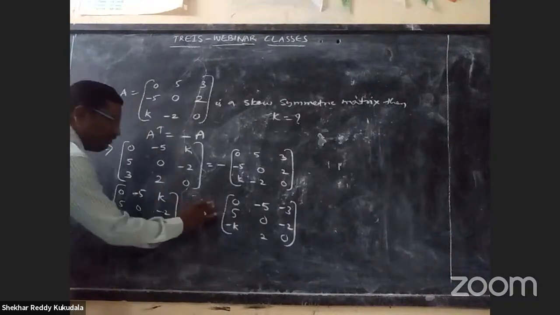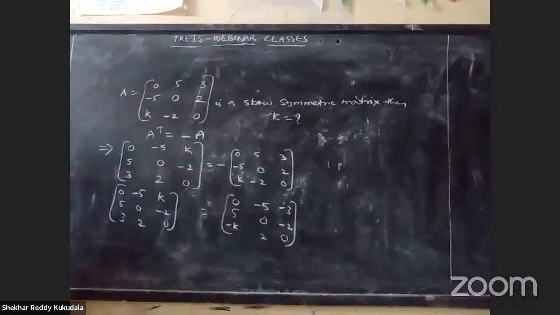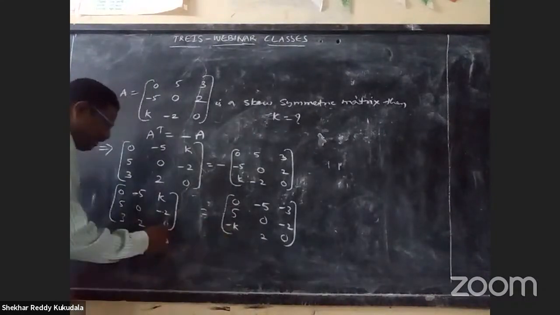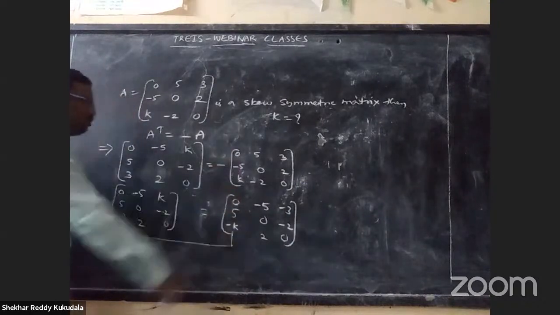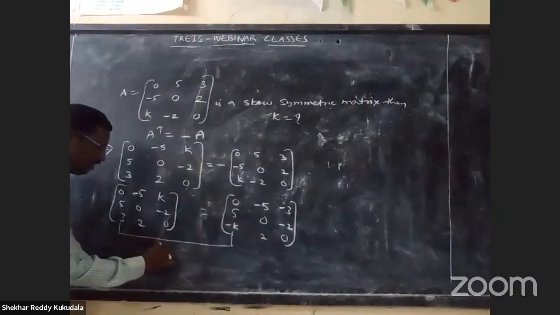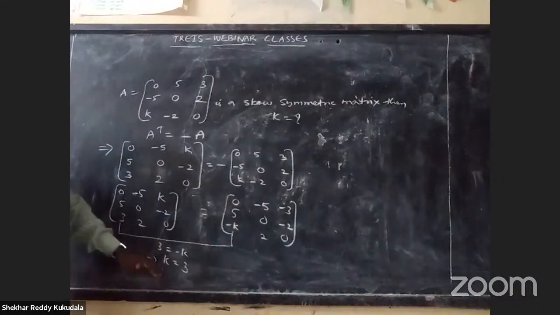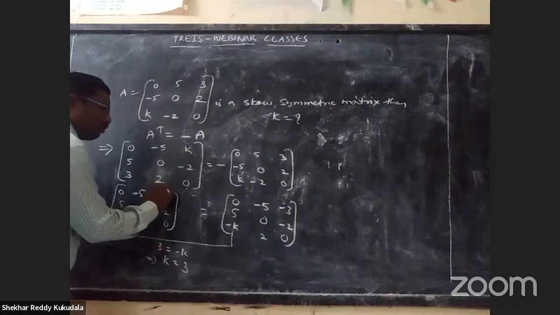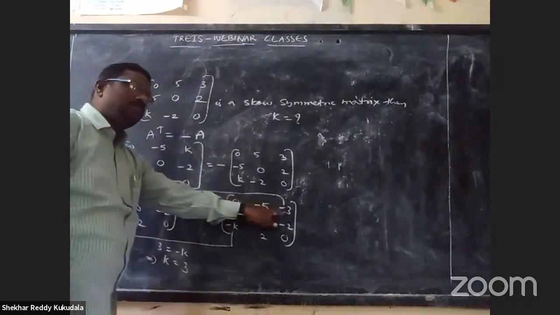Whenever these two matrices are equal, we equate the corresponding elements. The third row first column element gives 3 is equal to minus k. Obviously k is equal to minus 3. Otherwise, from the first row third column element directly, k is equal to minus 3.